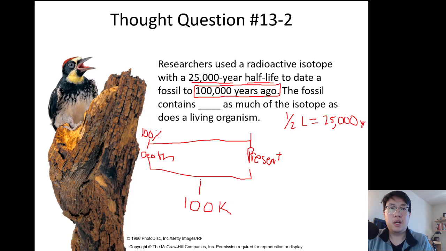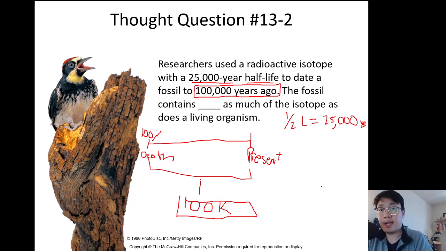I know for every 25,000 years, 1/2 of the area is done. So the question is, how many half-lives can fit in 100,000 years? Well, I know that every half-life is 25,000 years long. I know this whole span right here is 100,000.